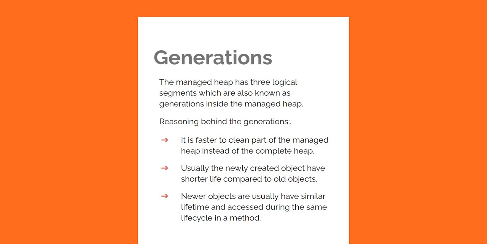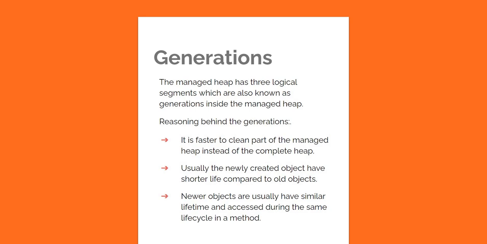And when we talk about multiple generations, it will be clearer how this sentence is related to the generations inside of the .NET managed heap. Usually, the newly created objects have a shorter life compared to the older objects, and that's where generations also help. And newer objects usually have similar lifetimes and are accessed during the same life cycle of a method. Now, these two sentences need a little bit of clarification on what they really mean.